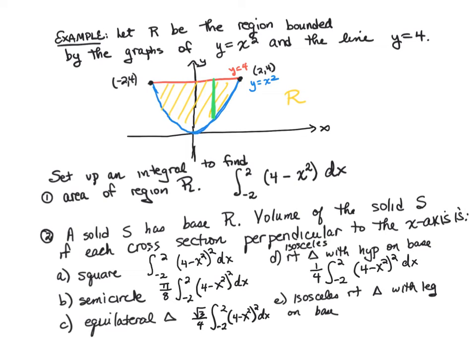And finally, an isosceles right triangle with a leg on the base was just 1/2 from negative 2 to 2 of top minus bottom squared dx. So actually, these integrals are quite simple as long as you remember what coefficients go on the outside. And the fact that we have to square, it's top curve minus bottom curve, the whole thing squared.